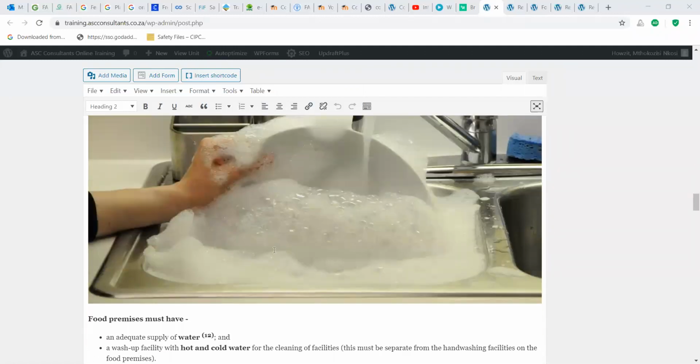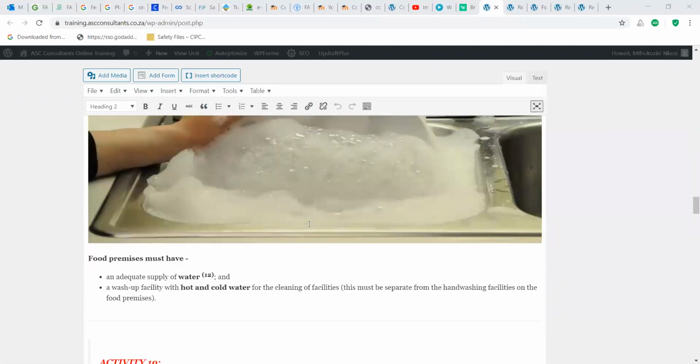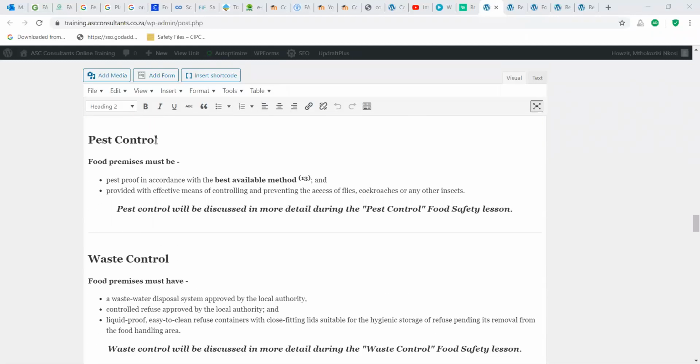Wash-up facilities: there must be either warm water or hot and cold water, because we know that warm water controls the growth of microorganisms. Pest control normally would involve hiring a contractor that is qualified to do pest control services, but if it's a small facility, you can use the best available method.